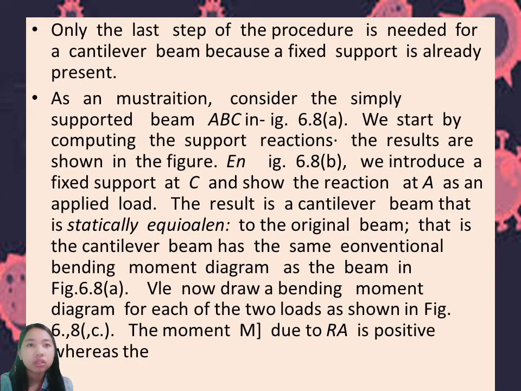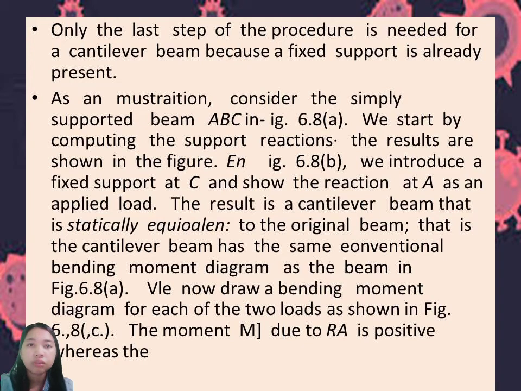Only the last step of the procedure is needed for a cantilever beam because a fixed support is already present. As an illustration, consider the simply supported beam ABC in figure 6.8. We start by computing the support reactions. The results are shown in figure 6.8.